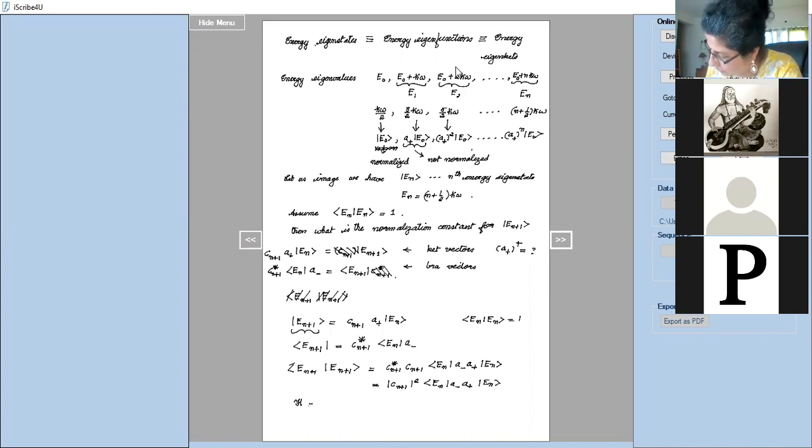We will use this expression. The Hamiltonian is nothing but h cross omega (A minus A plus minus half). Okay, I hope everybody remembers this. So we are going to use this expression.